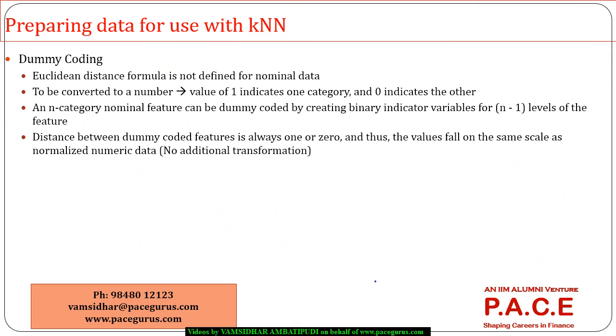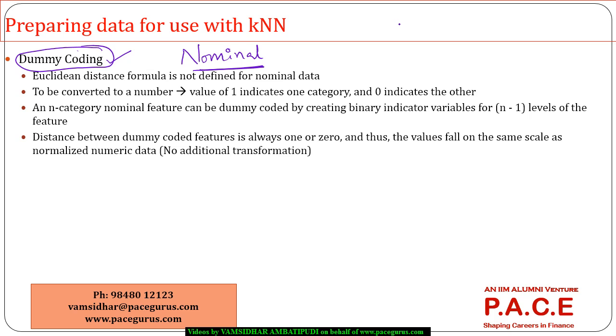Then, one more data preparation aspect that we would be doing is if there are nominal variables present as part of my data. We have already discussed earlier that KNN does not handle nominal data. So this is where we bring in a concept called dummy coding.